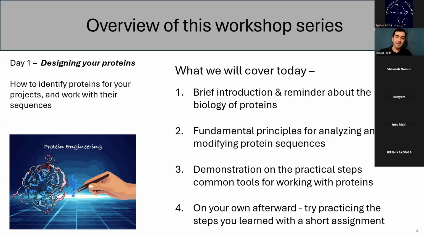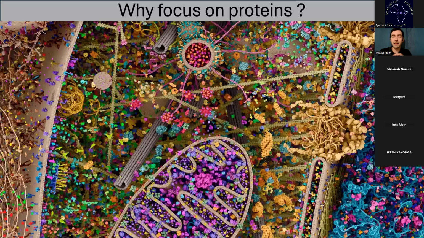The title of this slide to start out with is: why focus on proteins? I really like this image here because I think it answers it in the picture, which is an illustration of what the inside of a cell looks like. You can see a beautiful zoo of different proteins in all these different colors, some forming tubular structures, some forming things on membrane surfaces, enzymes, machinery of the cell.